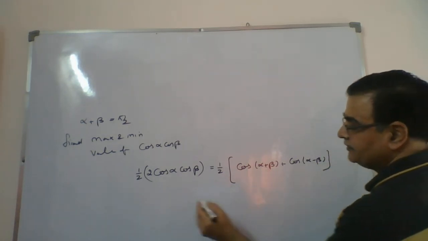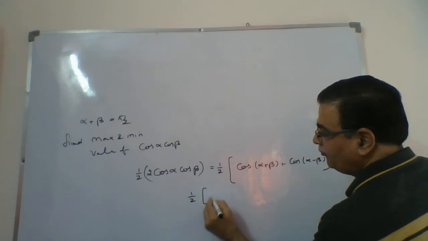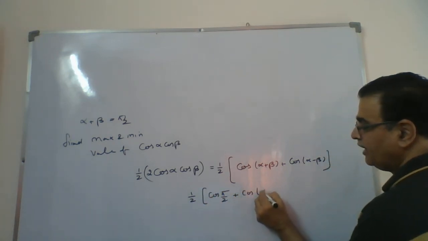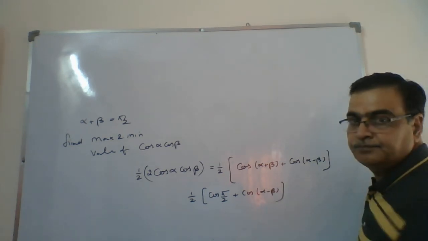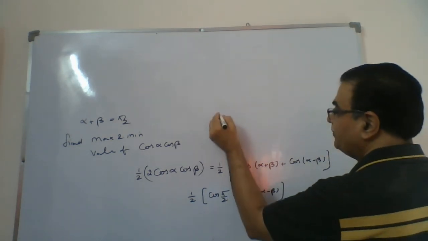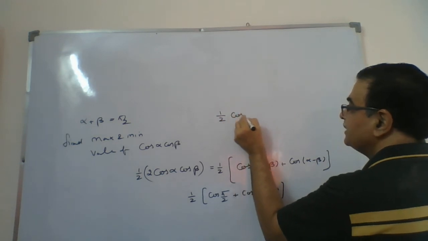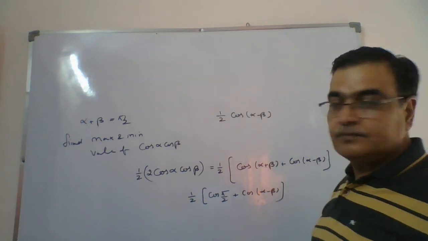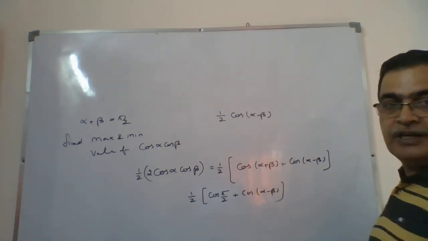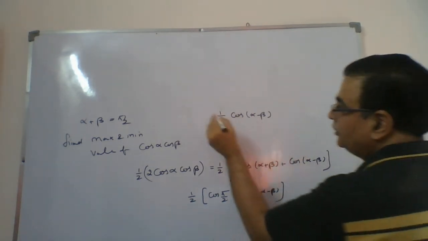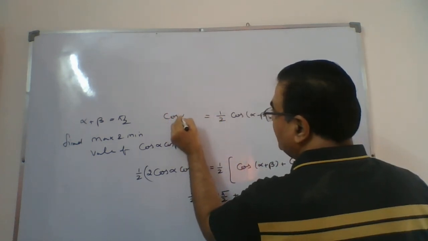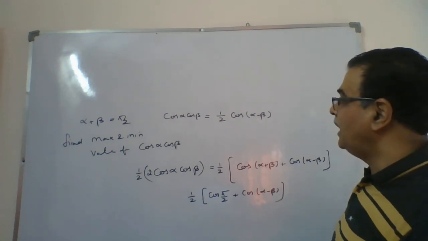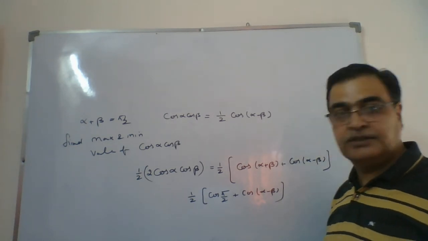Alpha plus beta is π/2 and cos 90 is 0. So it comes out to be half cos(alpha minus beta). This result we get, and this is equal to cos alpha cos beta. So cos alpha cos beta is equal to half of cos(alpha minus beta).